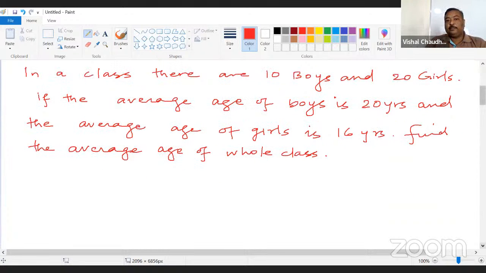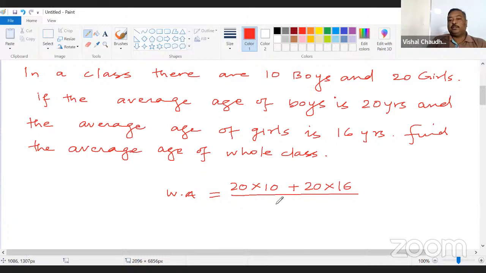What we will do here is, let's say my weighted average will be: average age of boys 20 years, 10 boys, so 20 into 10, plus 20 girls, 16 years, 20 into 16, divided by the total number of boys and girls, which is 30. So 200 plus 320 divided by 30.